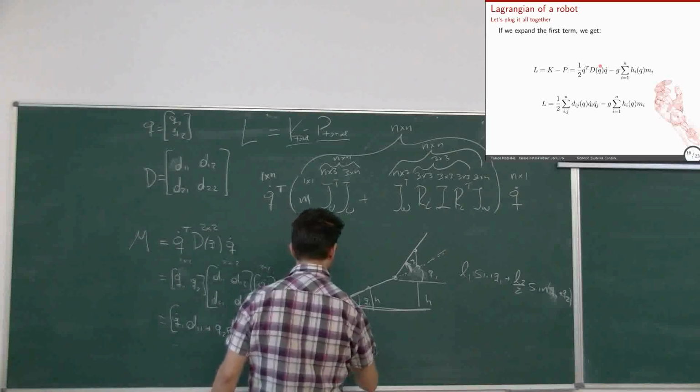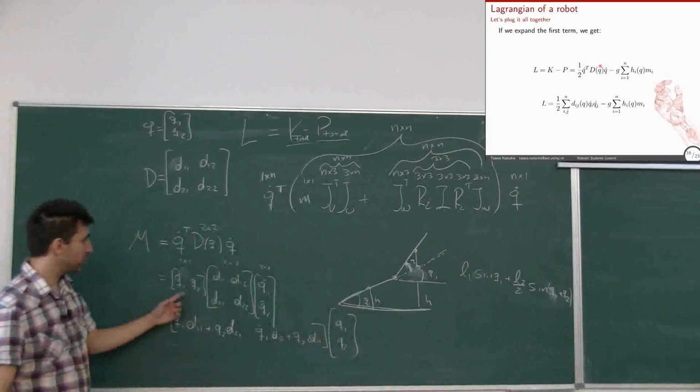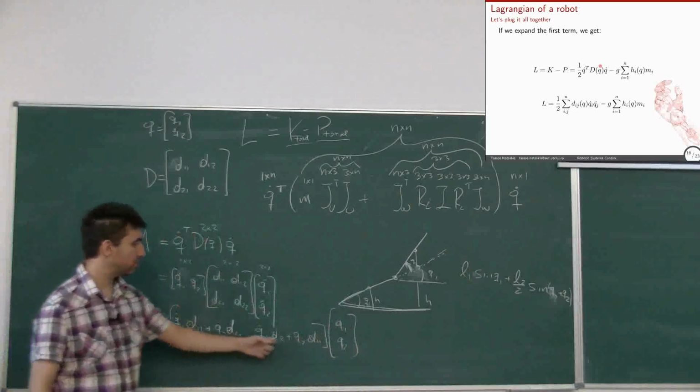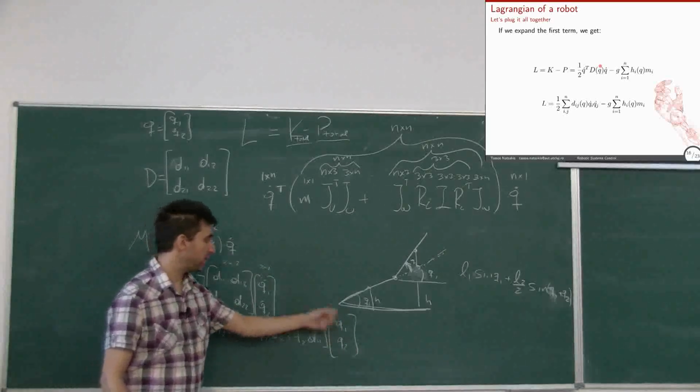Q1 dot, Q2 dot. So if I do this multiplication, I end up with this vector here, and this remains.